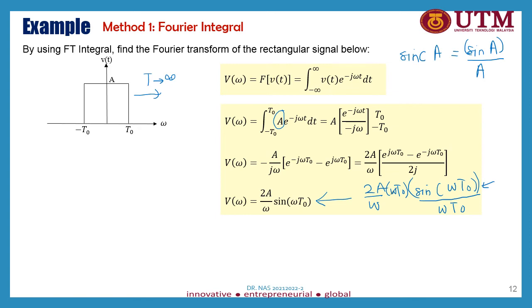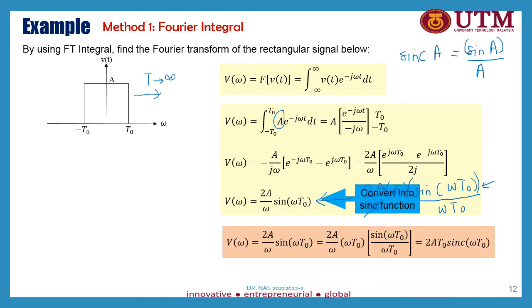Okay, so you can simplify the equation. So the Fourier transform of the rectangular signal is equal to 2A t naught divided by, so this equation is already in Sinc, omega t naught.